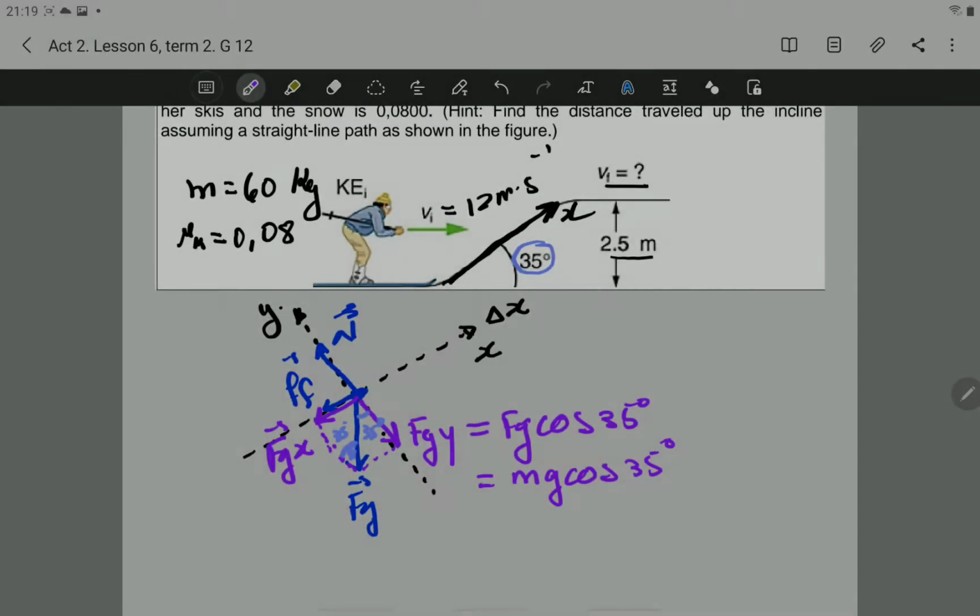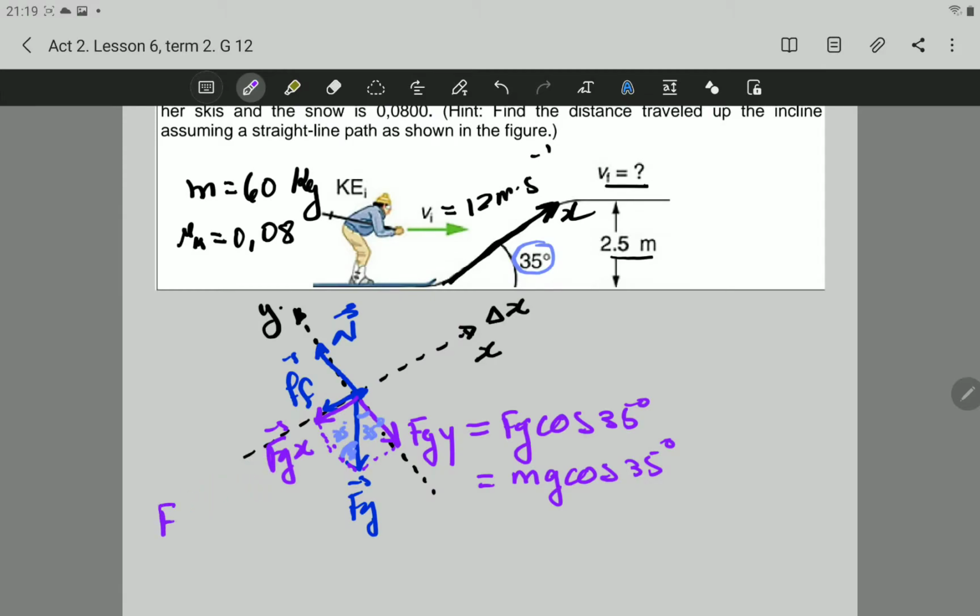So the gravitational force in the x-axis is equal to the gravitational force multiplied by the sine of 35 degrees. Broken down, it is mass times acceleration due to gravity multiplied by the sine of 35 degrees.